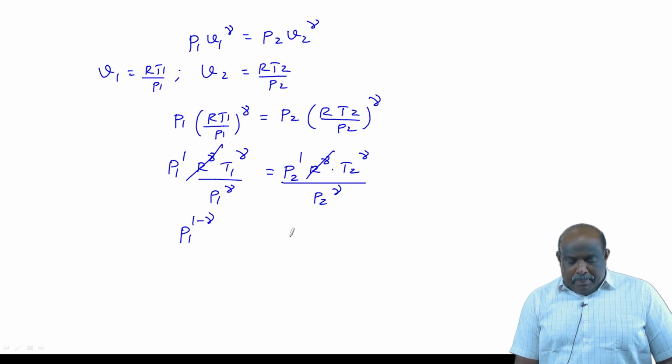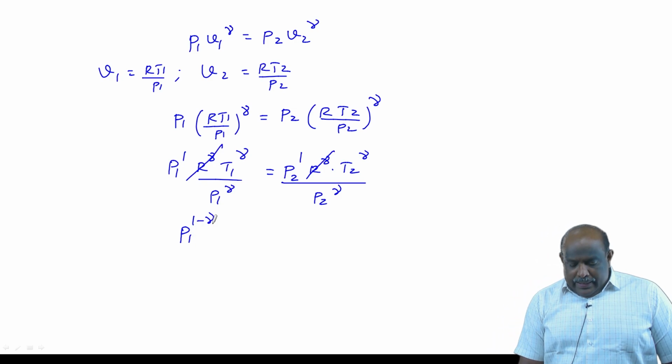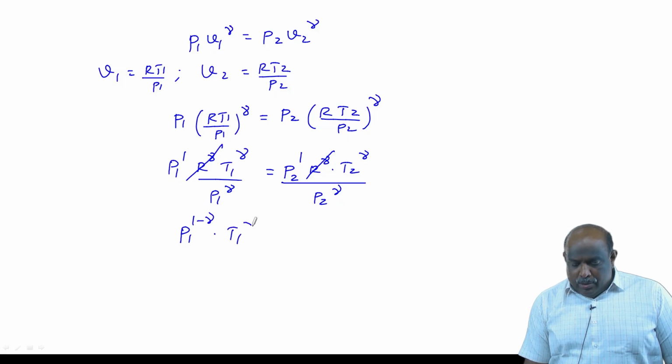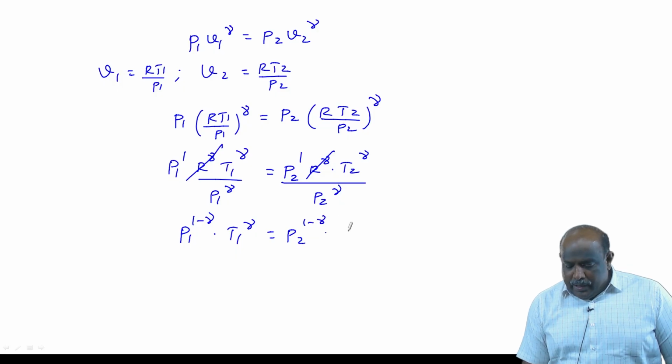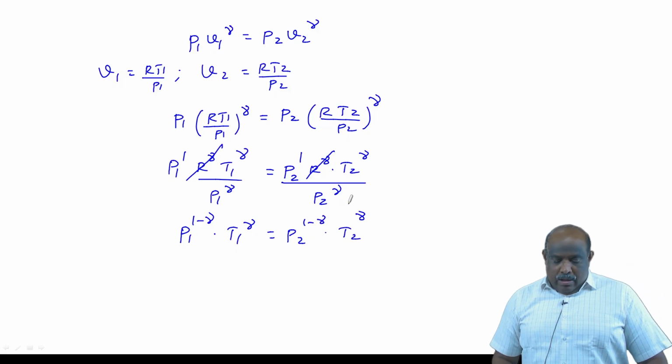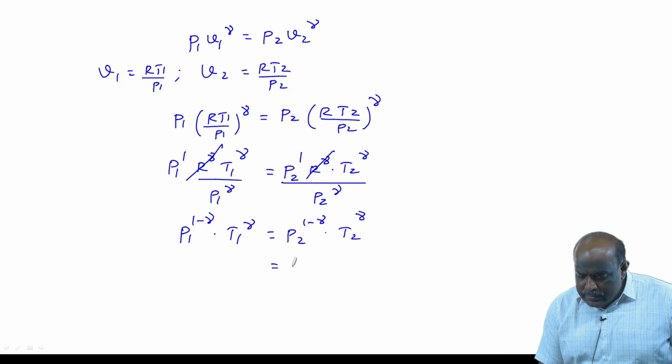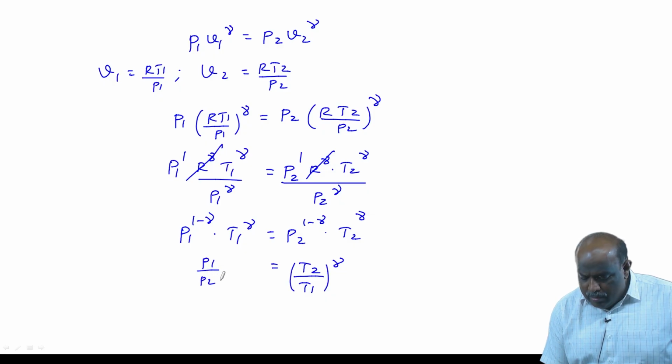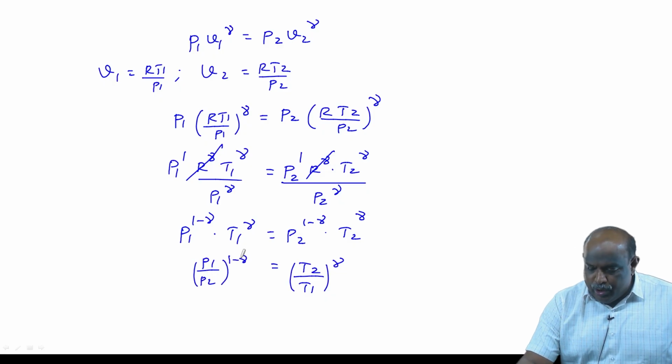So it becomes P1 power 1 minus gamma into T1 power gamma equal to, similarly on the right hand side, P2 power 1 minus gamma into T2 power gamma. From this, I will separate (T2 by T1) whole power gamma as (P1 by P2) whole power 1 minus gamma. I hope you got it.